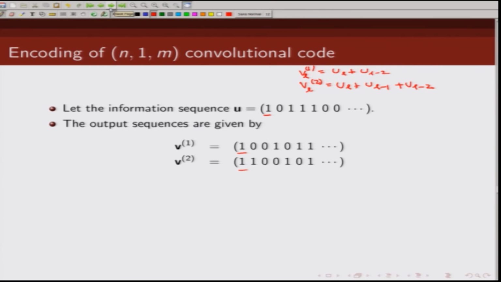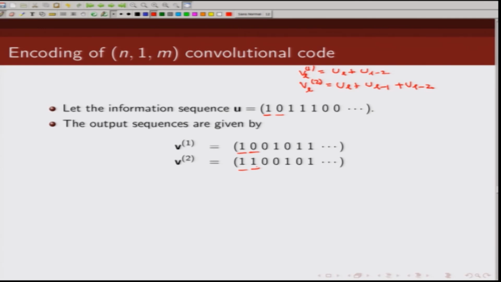Now, the next input is 0. So, what is the next output? This is 0 and U_{L-2} is 0, so this will be 0. What about the second? Now, U_L is 0, U_{L-1} is 1 and U_{L-2} is 0. So, 0 plus 1 plus 0 will be 1, and that is given by this.